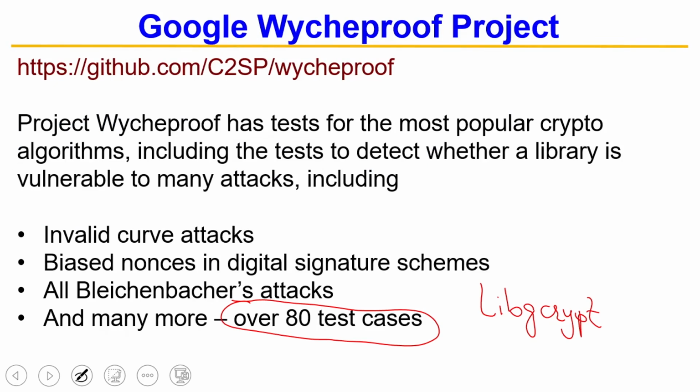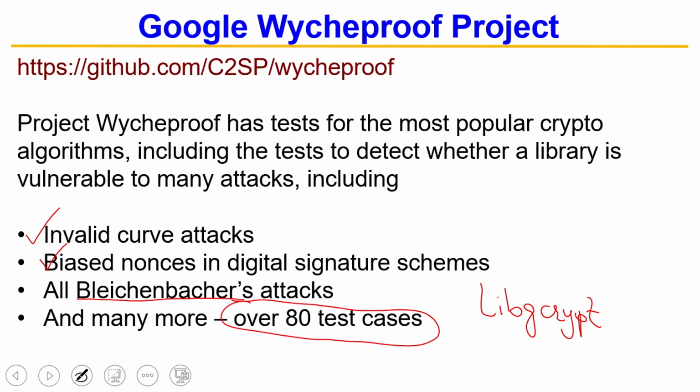For example, for elliptic curve cryptography, it is an invalid curve. You are giving a point or a curve that is not a valid curve, and for the nonces, if the nonces have low entropy, those are biased nonces, and there is a well known list of attacks.